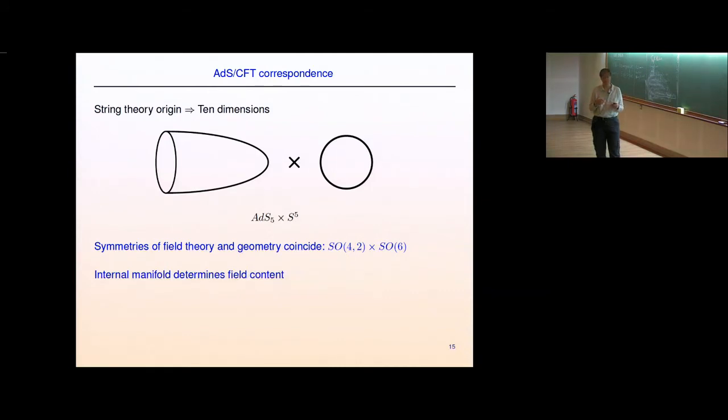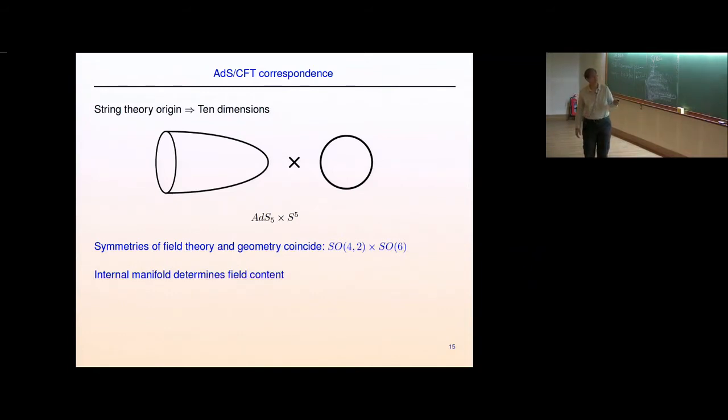And this means we don't just have a 5-dimensional anti-de Sitter space, but we have to have a 10-dimensional space. This 10-dimensional space will consist of a product of this 5-dimensional anti-de Sitter space and a 5-dimensional sphere. That's the simplest thing you can do to fill 5 dimensions, just to have a sphere.